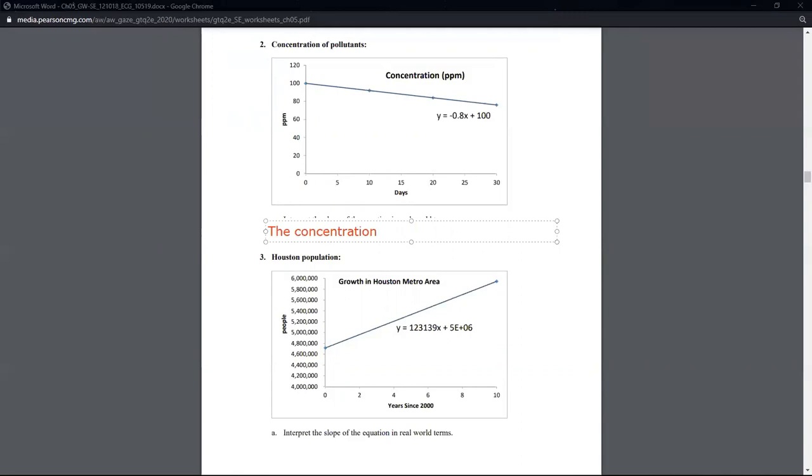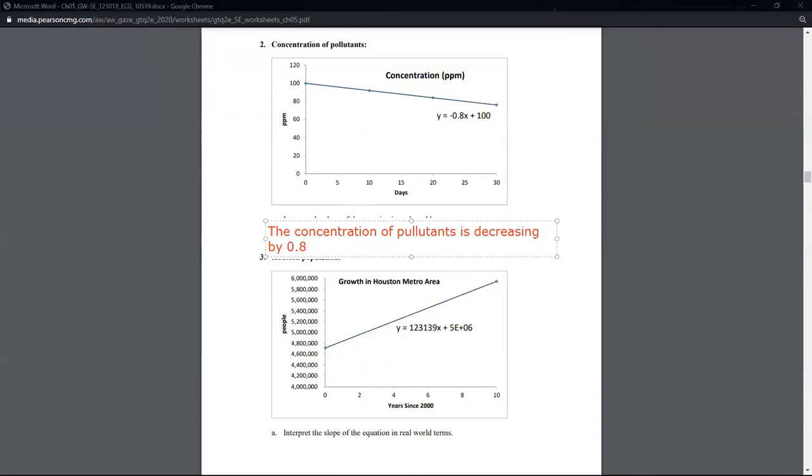I know I'm hiding that word on my screen, but it does say pollutants. So the concentration of pollutants is changing by, or since it's negative, we can be more specific and say is decreasing by. Now, since I used the word decreasing, if I said changing, I would use the negative, but decreasing implies negative, so I'm not going to write the negative. I'm just going to write 0.8.